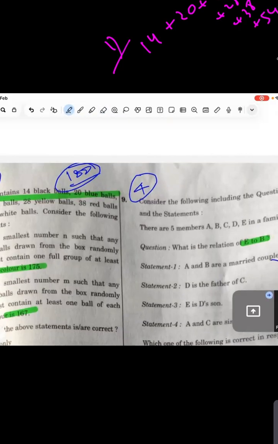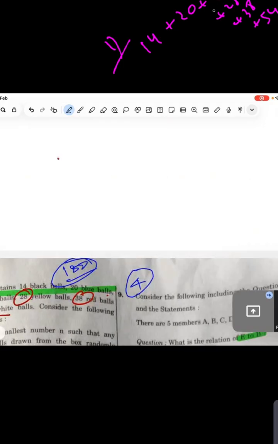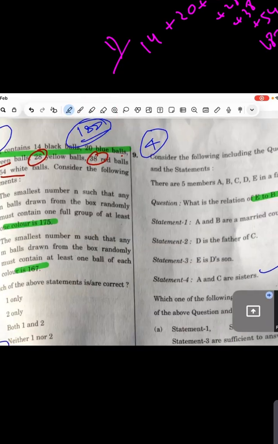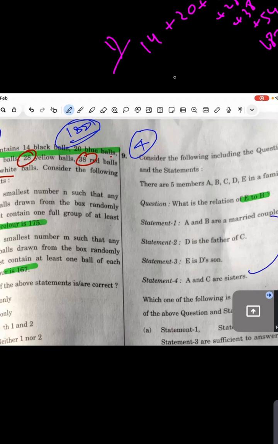total how many balls do we have? 14 black, 20 blue, 26 green, 28 yellow, 38 red, and 54 white balls. If you count all these, you will get around 180. 180 are total balls. Now, the smallest number n such that any n balls drawn from the box randomly must contain one full group of at least one color is 175.